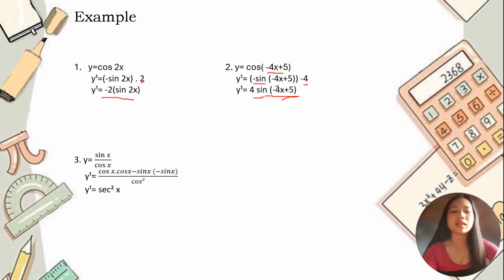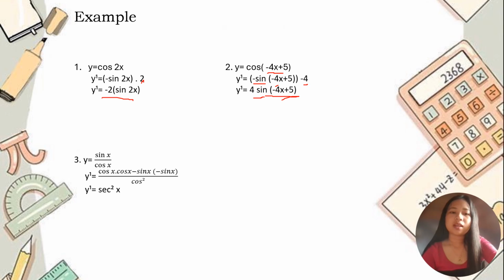That's why we get cosine x times cosine x minus sine x times negative sine x. The given for b squared is cosine, that's why we have cosine squared here.